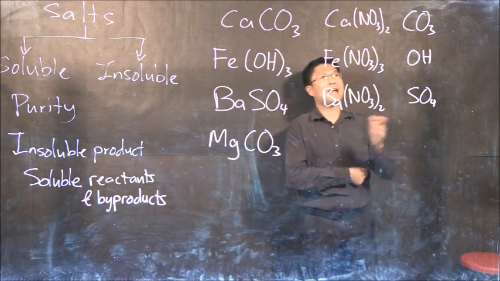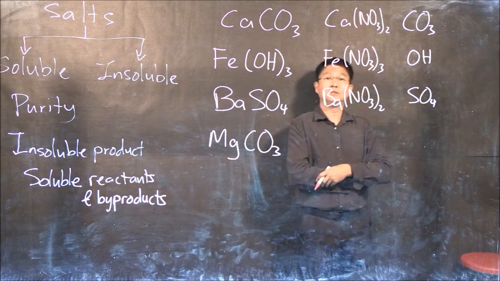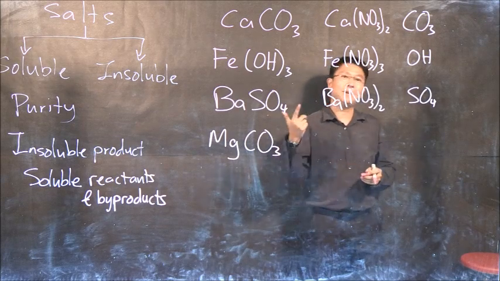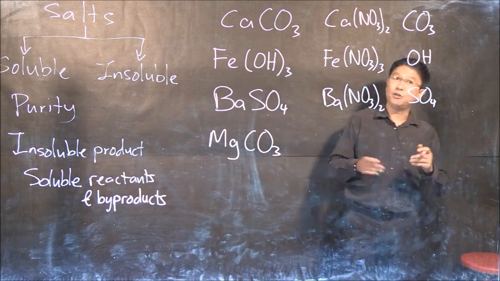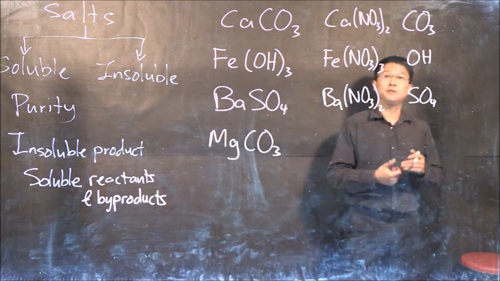Now, when it comes to anions, we need to think about which anions are soluble. Since we know that potassium, sodium, and ammonium salts are all soluble, maybe we could just start with the sodium salts.